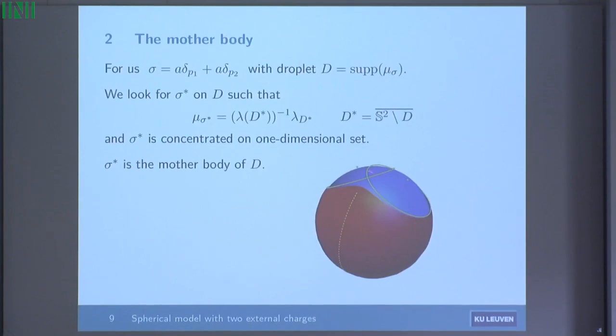That's the thing in blue here. So D star, the support of this other measure, should be the complement, and then taking the closure because we want closed sets. If we're able to find this sigma star, this is a notion that in this context is related to what's called the mother body of the domain D. So this sigma star will be located inside this droplet D.